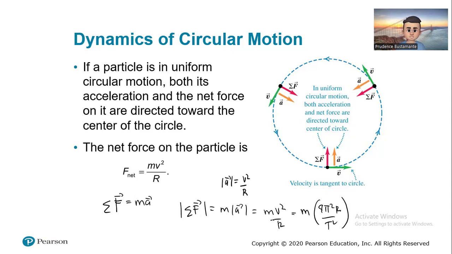So the net force is equal to m v squared over the radius. If you have a radius r and the magnitude v, which is the speed, the net force is equal to the mass times v squared over r.